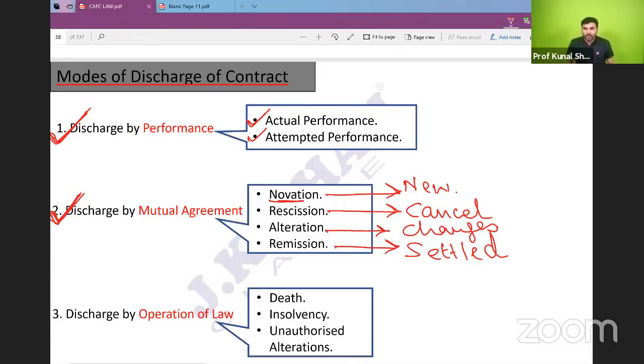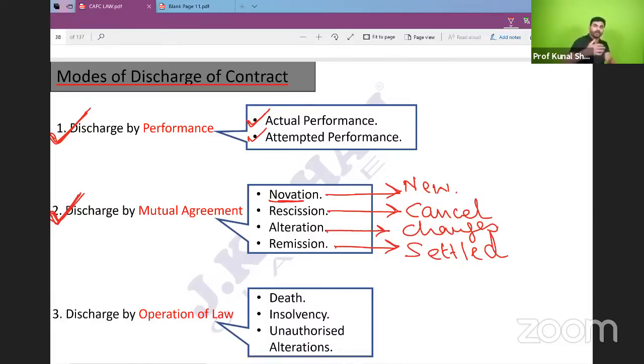Wherein through a mutual agreement, you can either go for a novation, or rescission, or alterations, or remissions. Whatever you want to do, you do it, but it has to be done through a mutual agreement.